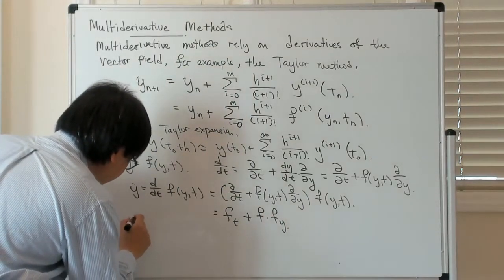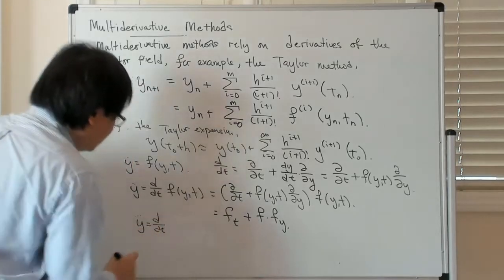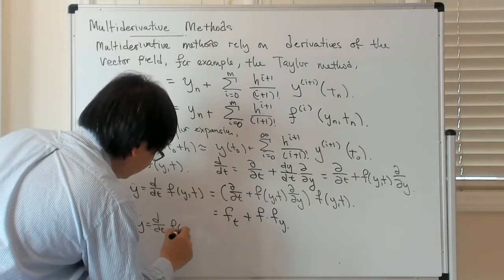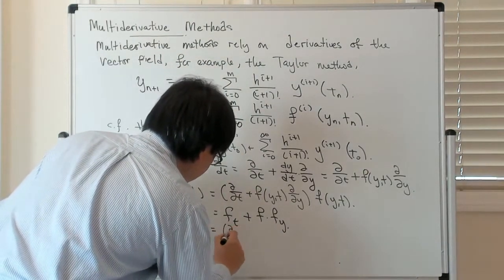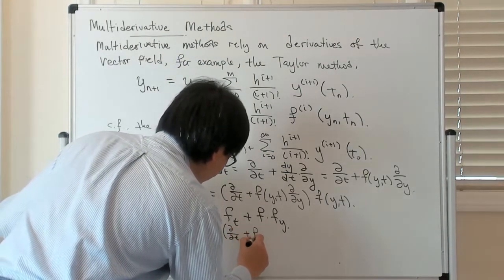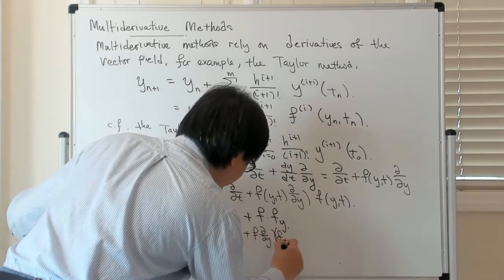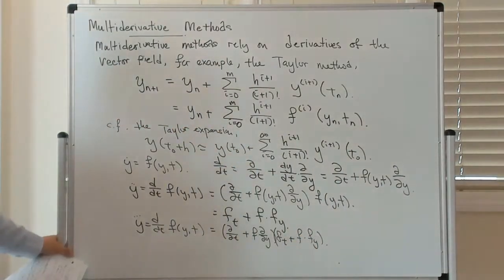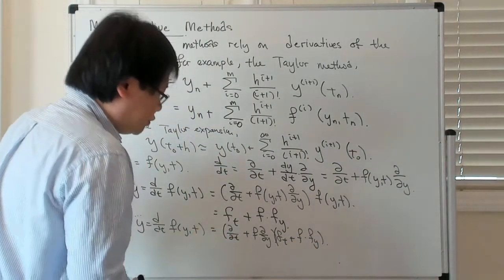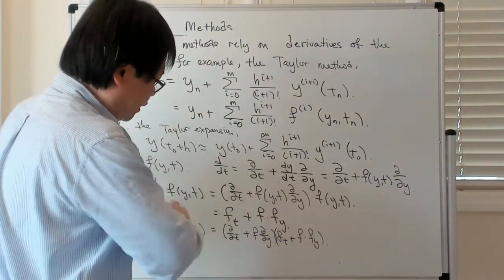Let's see what happens if you have the third derivative. Okay, so the third derivative again is the total time derivative applied to f of y and t. So this is going to be d/dt plus f d/dy applied to f_t plus f f_y. Okay, so now we're going to have to use the product rule at least for the second term, and we have to distribute.